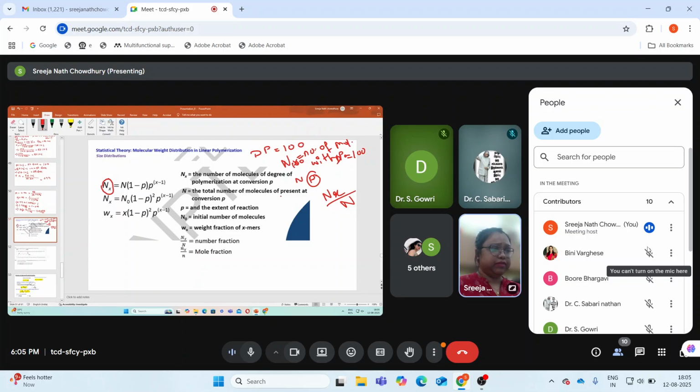Consider a polymerization of the following monomer, nylon 6. When the extent of reaction is 99%, the mole percent of monomer present in the system we have to calculate. So let's start.